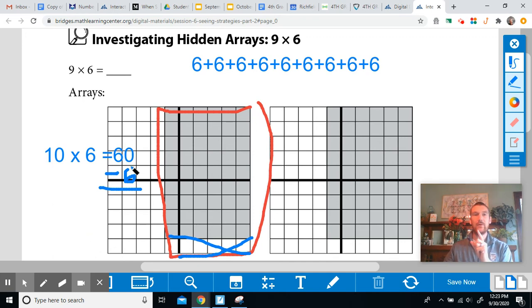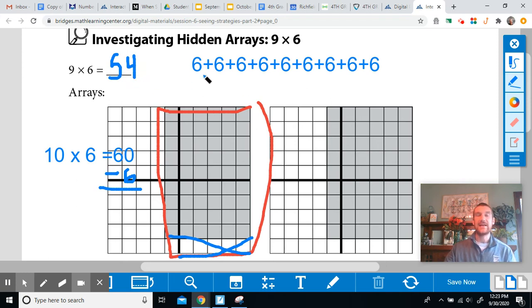So it's like we have 60 minus 6. You could count back in your head, 59, 58, 57, 56, 55, 54, okay? Or maybe you know another subtraction method to get minus 6, and that would give you 54.